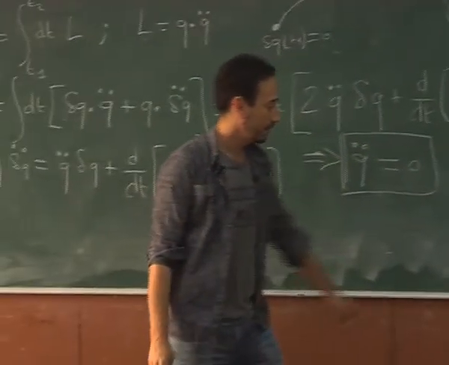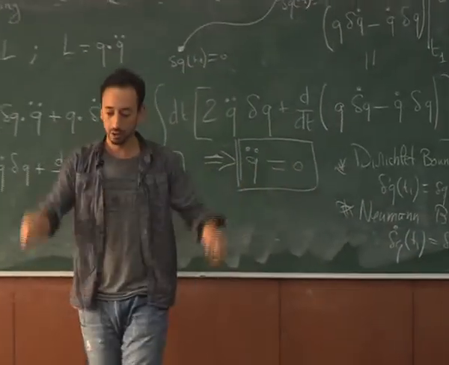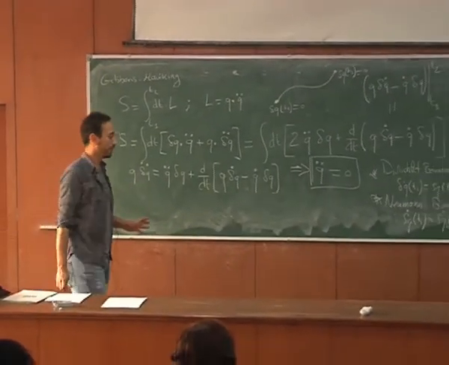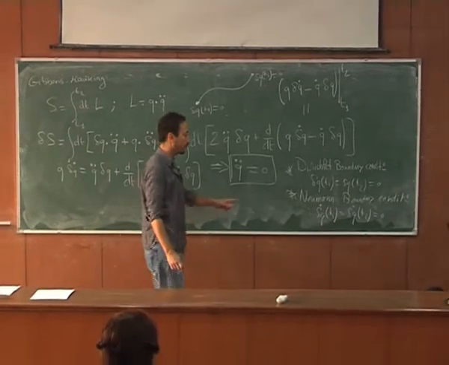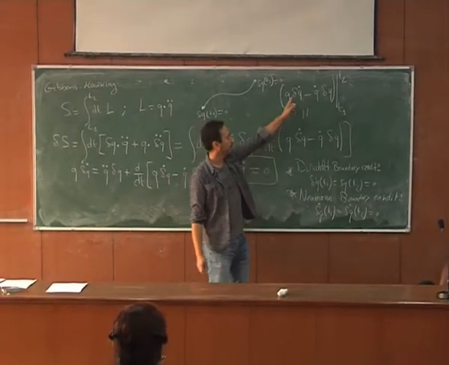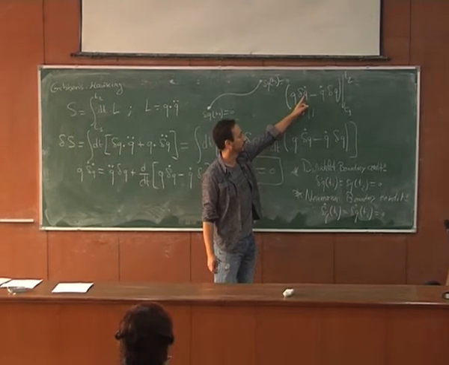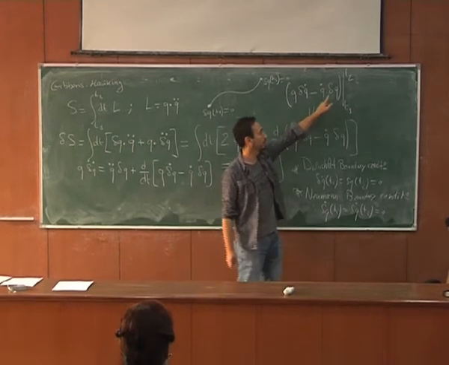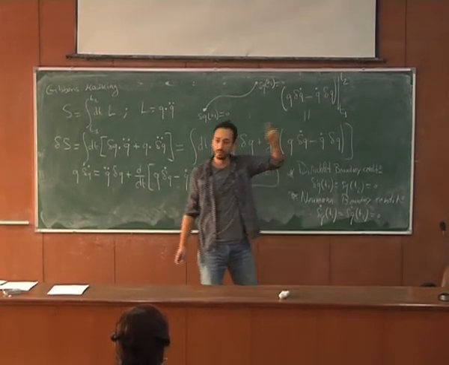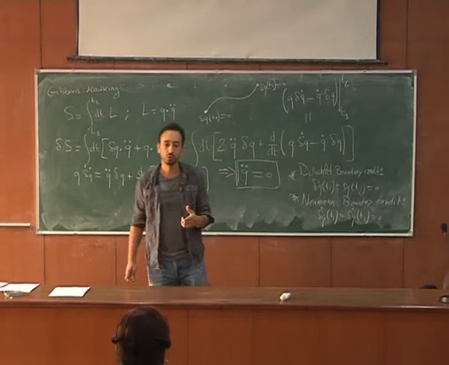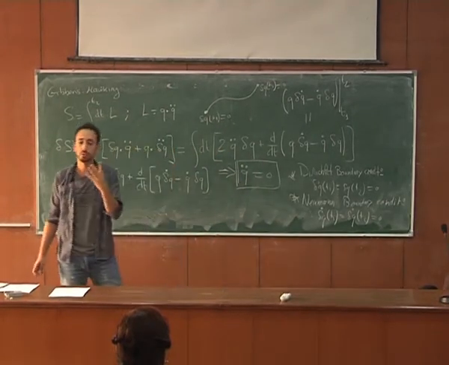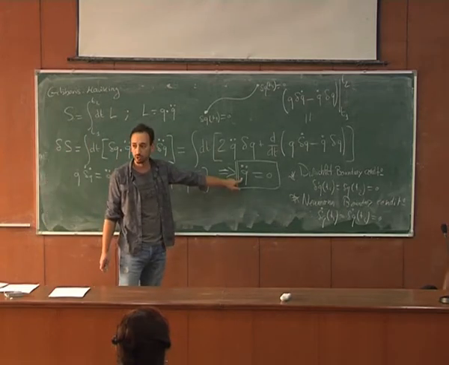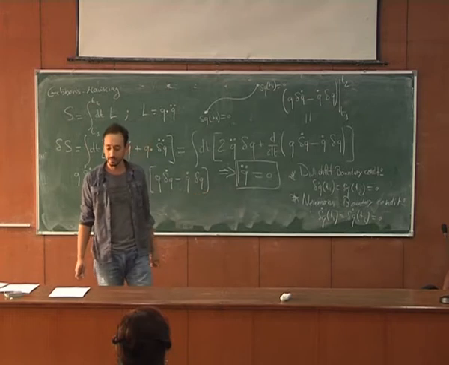And if I fix the velocity in both extremes also, then I have a well-posed mathematical problem. The problem here is that I have to fix delta q dot in T2 and delta q dot in T1 to be 0, and I have to impose delta q in T2 and delta q in T1 to be 0. So I have to impose 4 boundary conditions. For a second order differential equation, that is too much. I'm putting too many constraints on my system.